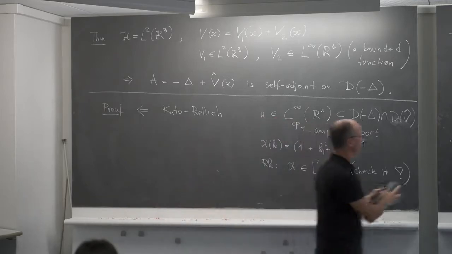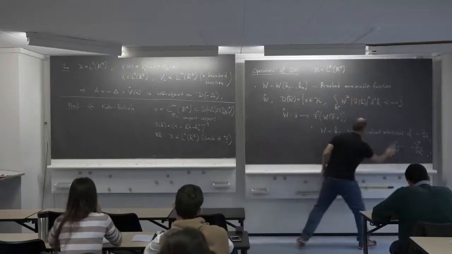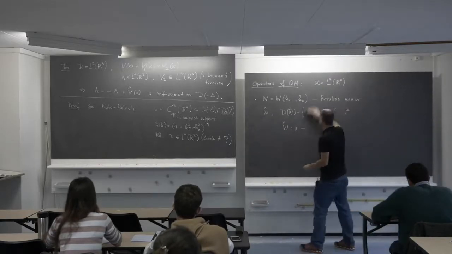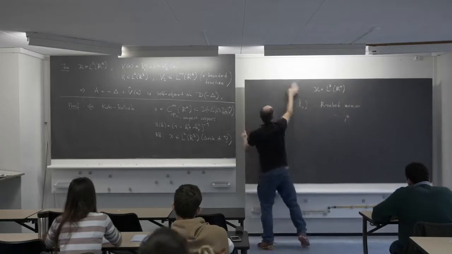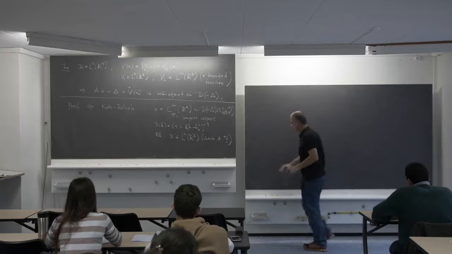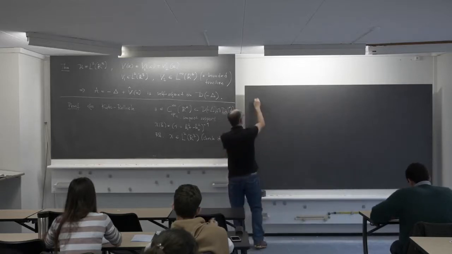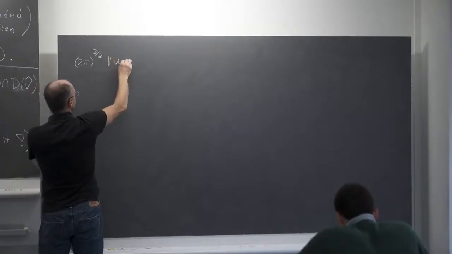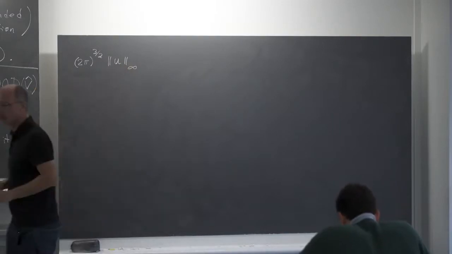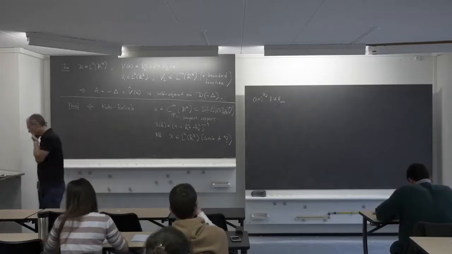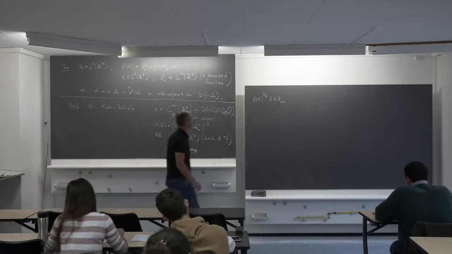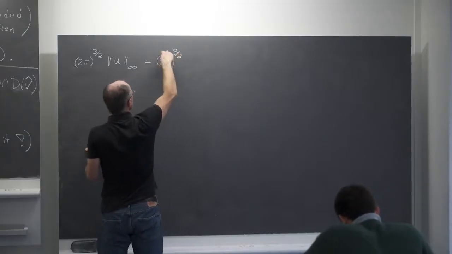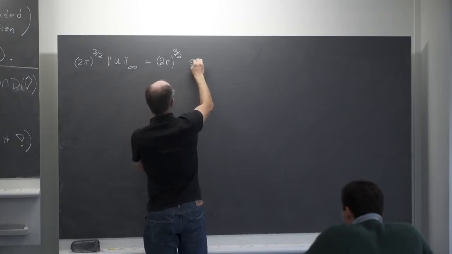Okay. Now let's do a little bit of functional analysis. Let me look at the infinity norm of my element u. You see I'm preparing some Fourier transform. That's why I multiply by this funny factor.